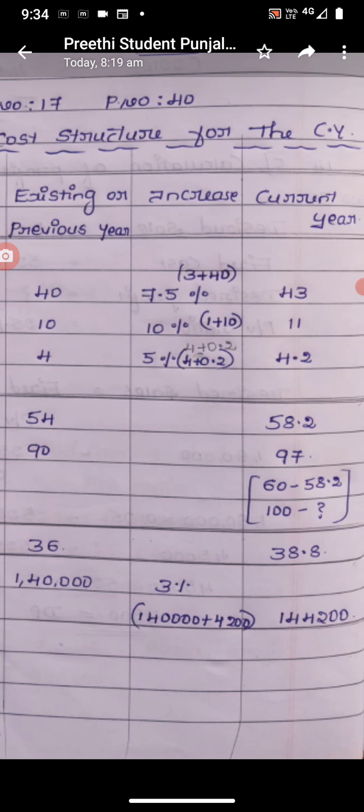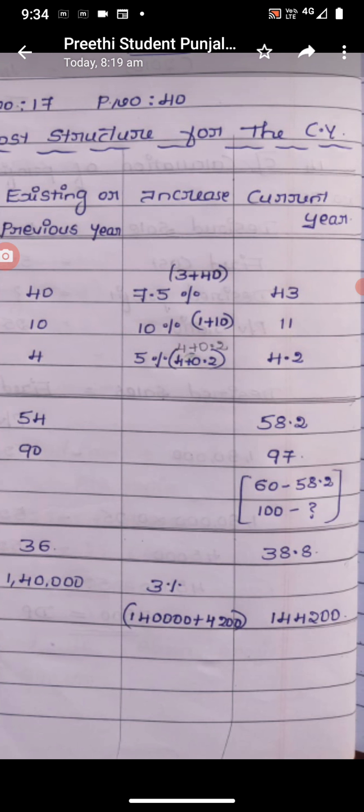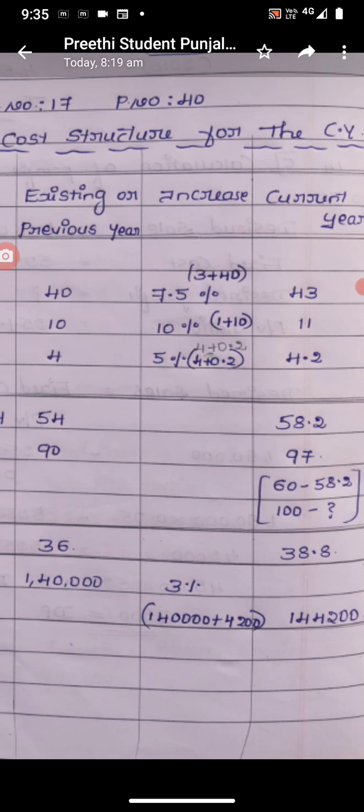So here the same thing you have to do: 60% is 58.2, so 100% is how much? If you calculate that, you will get the amount of 97 rupees. So 97 rupees is the selling price.